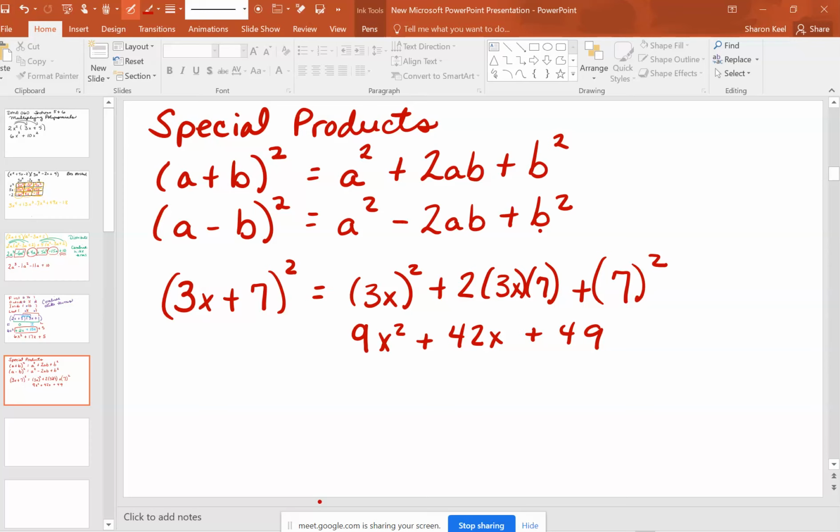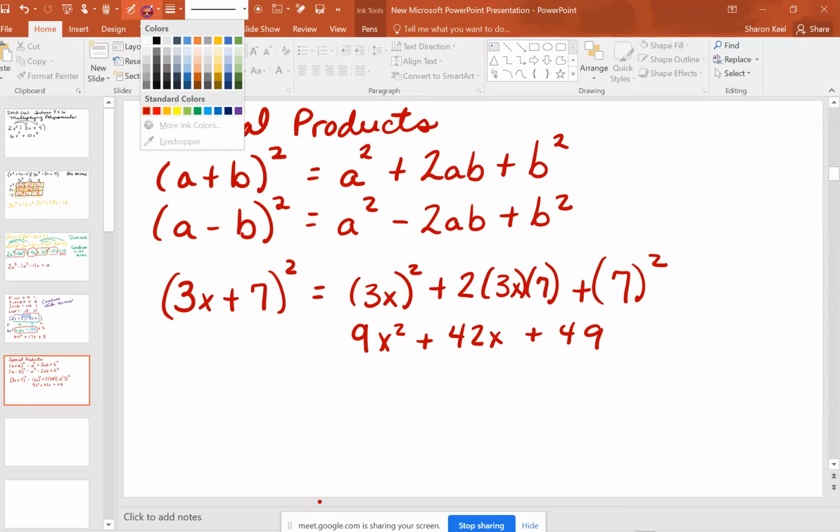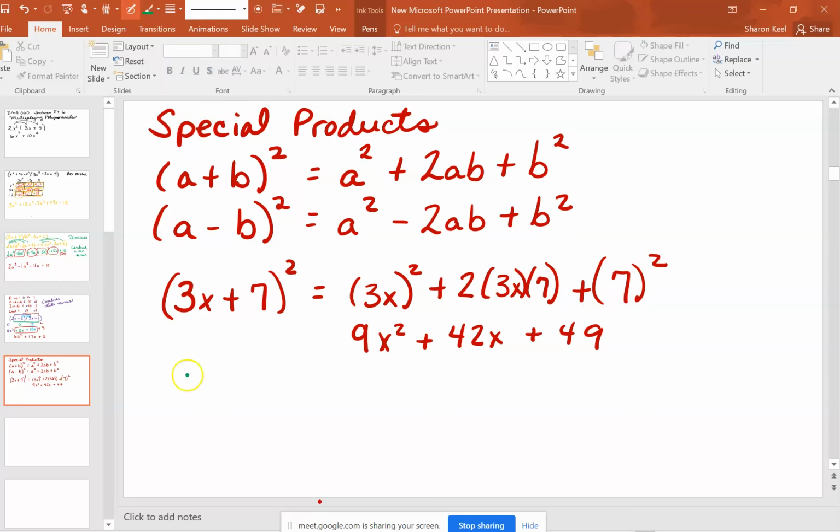You may solve it in this form, or you may also solve it by FOILing. What you can do is take 3x plus 7 and write it twice, because that's what squared means. And then when you FOIL, your first, 3x times 3x, is your 9x squared.